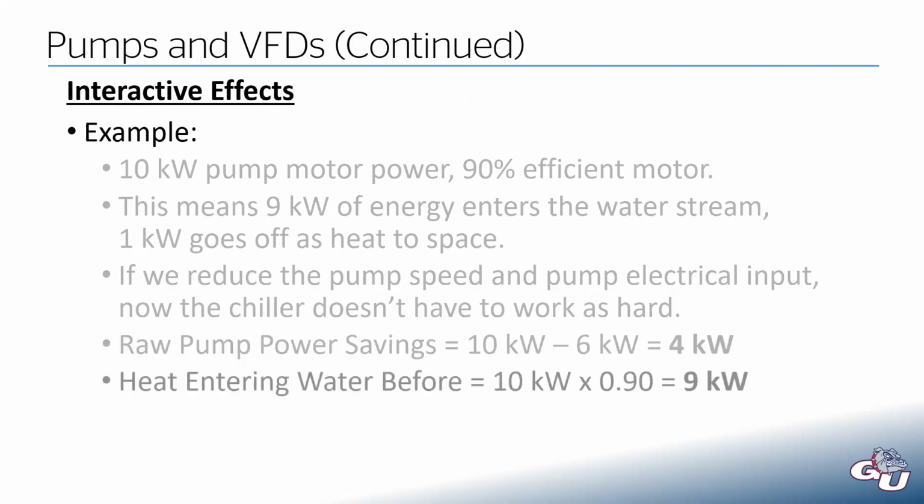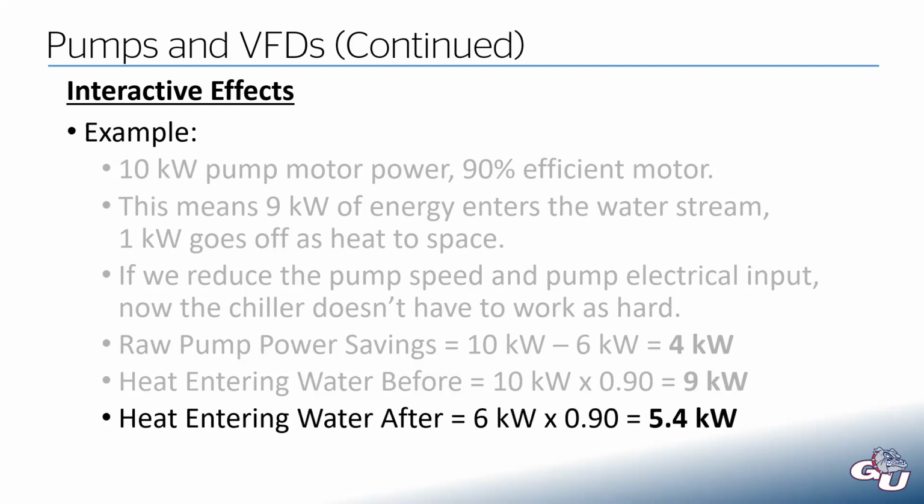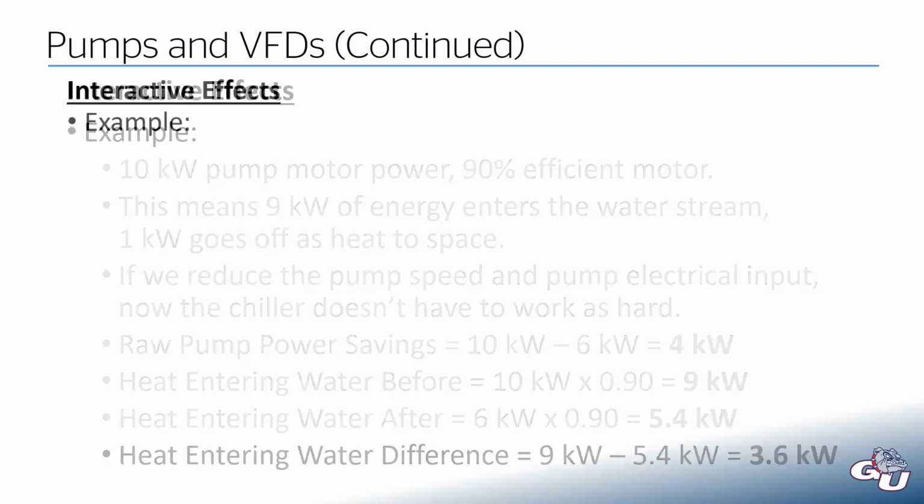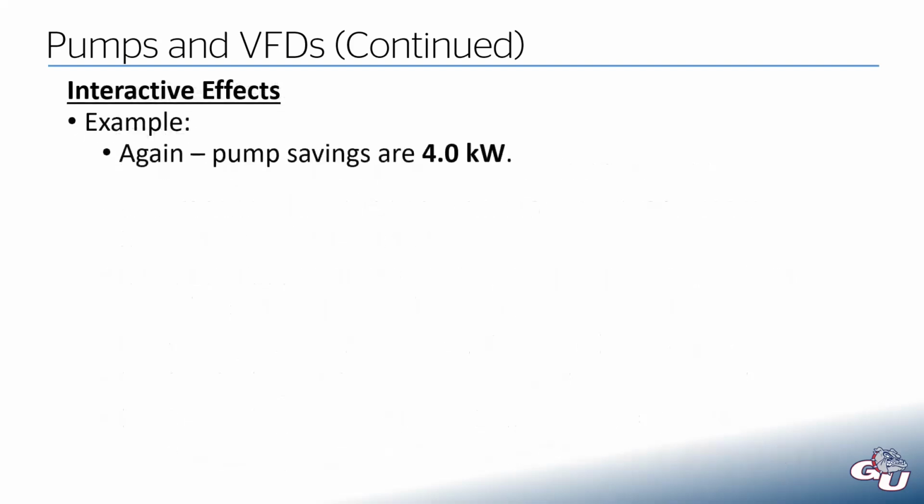And then the heat that was going into the water before, same as the last example, 9 kW. The heat entering the water after, 5.4 kW, and the difference being 3.6. So all the same numbers, except now this is a cooling system instead of a heating system.